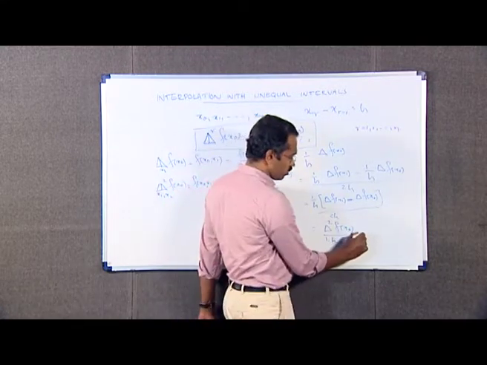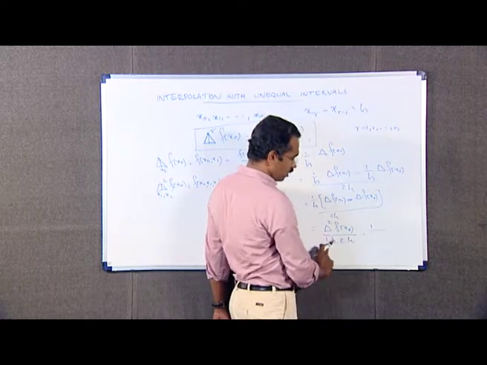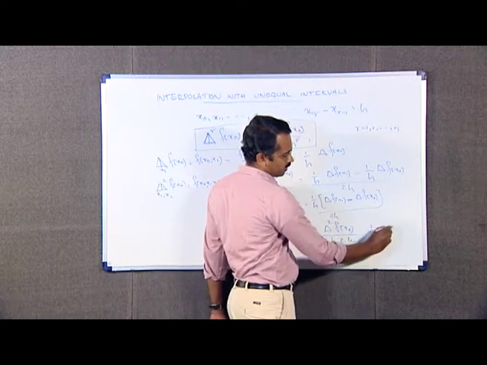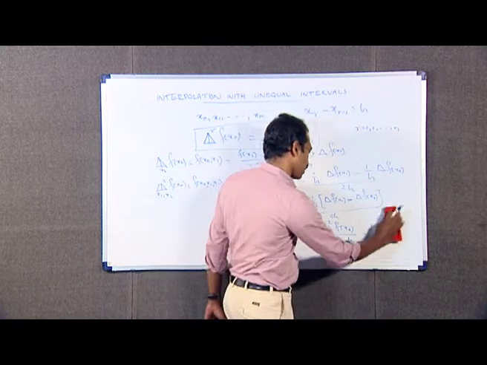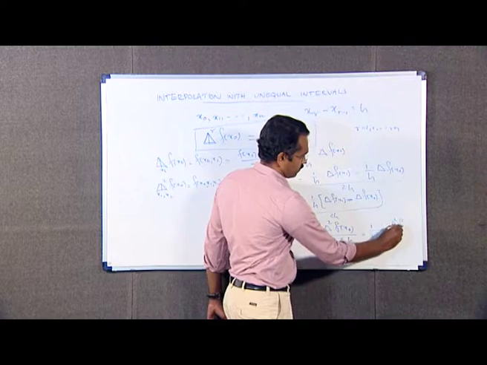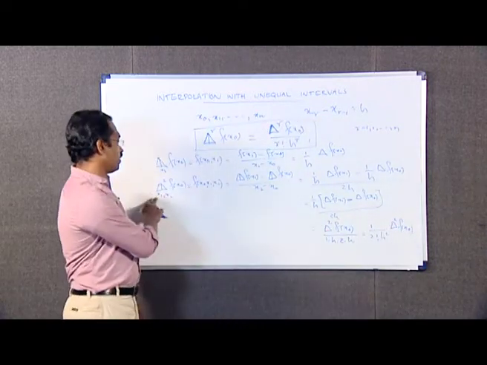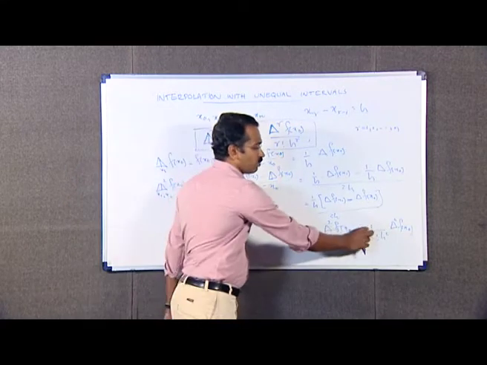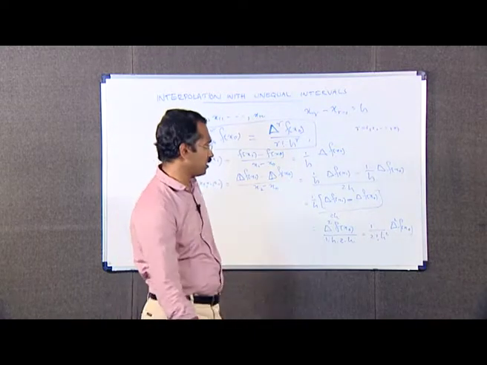This can be written as 1 by 2 factorial, h into h is h square, into delta square f of x0. That is, divided difference delta square f of x0 is equal to 1 by 2 factorial into h square, delta square f of x0.